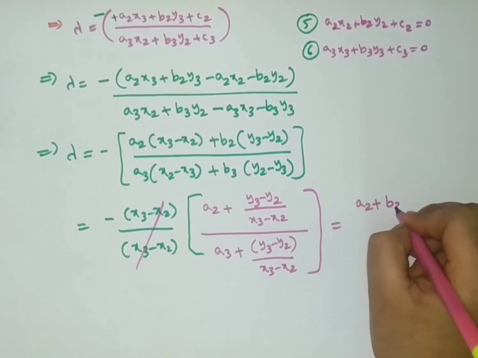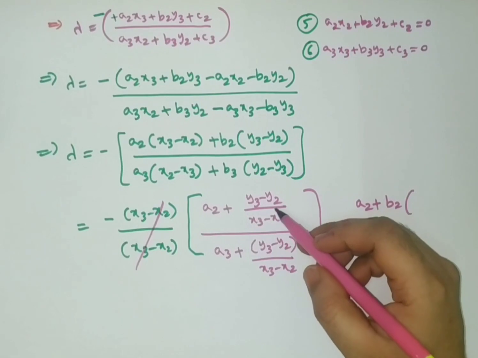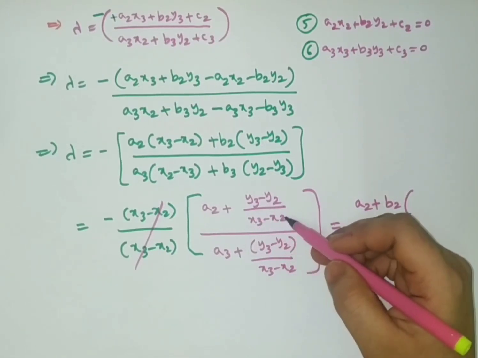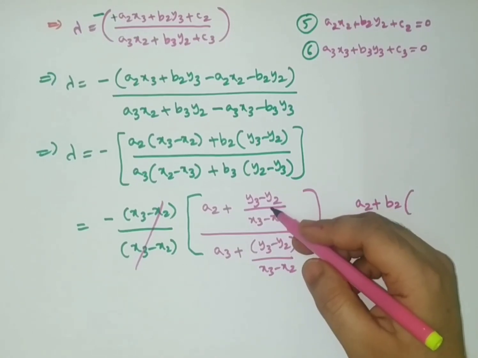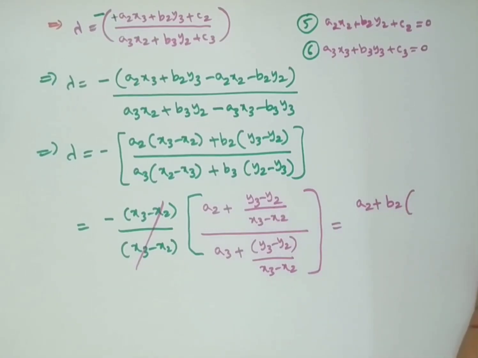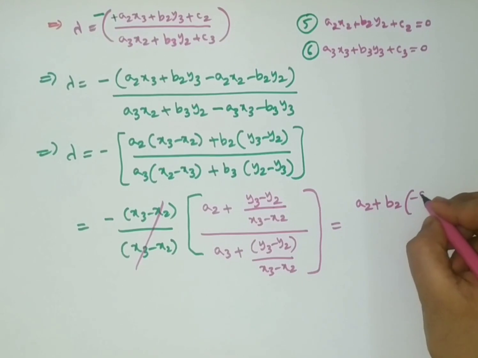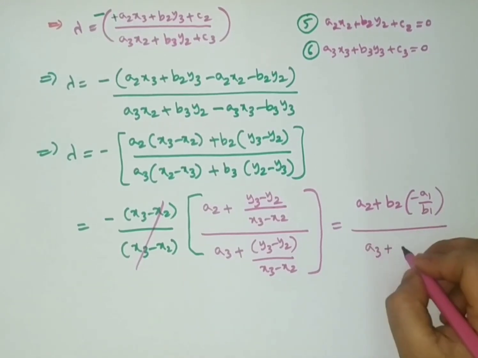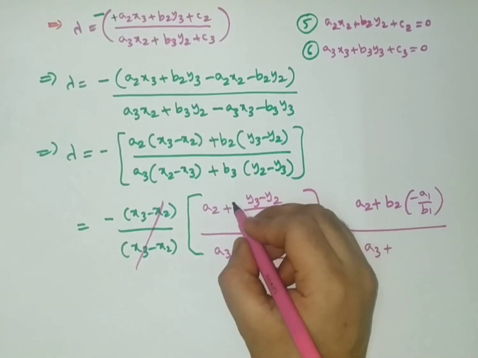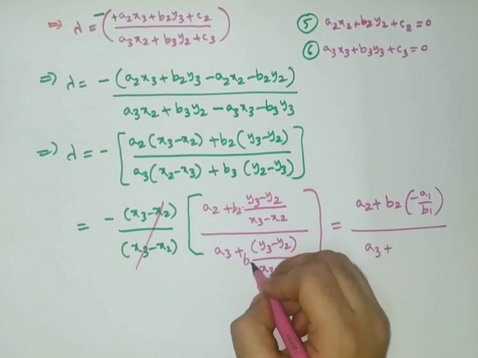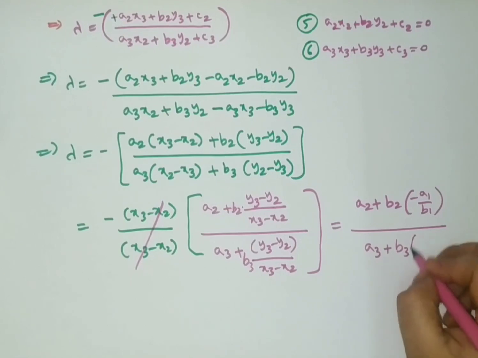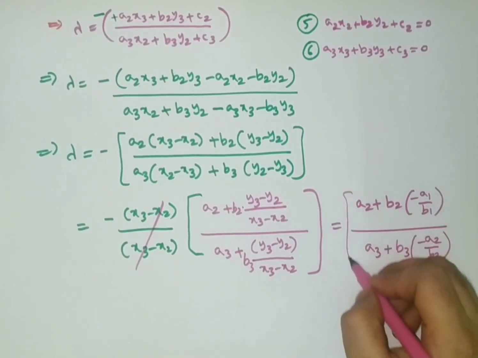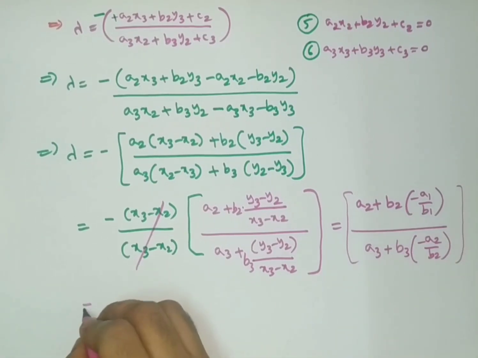This one is equal to a2 plus b2 into, we already calculated this is the slope of BC, y3 minus y2 by x3 minus x2. The slope of BC is equal to slope of u1 is equal to 0. Both are same. So that means we can substitute here minus a1 by b1. a3 plus b3 into minus a1 by b1.